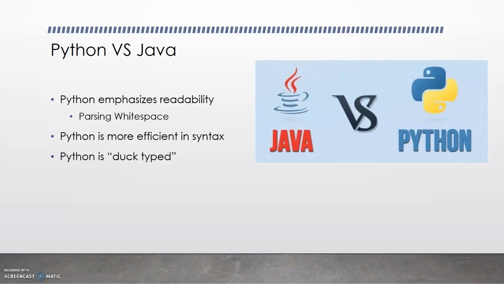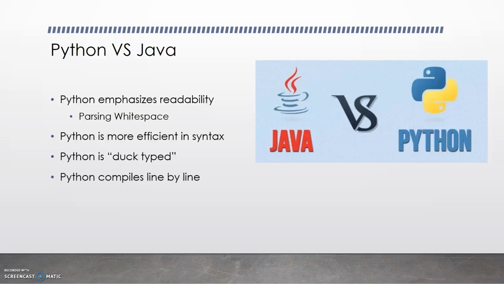It's called duck-typed because the saying goes, if it talks and walks like a duck, then it is a duck. Essentially, duck-typed means the computer only cares whether the particular operation can be done with the particular variable. You do not have to explicitly tell the computer the variable type.